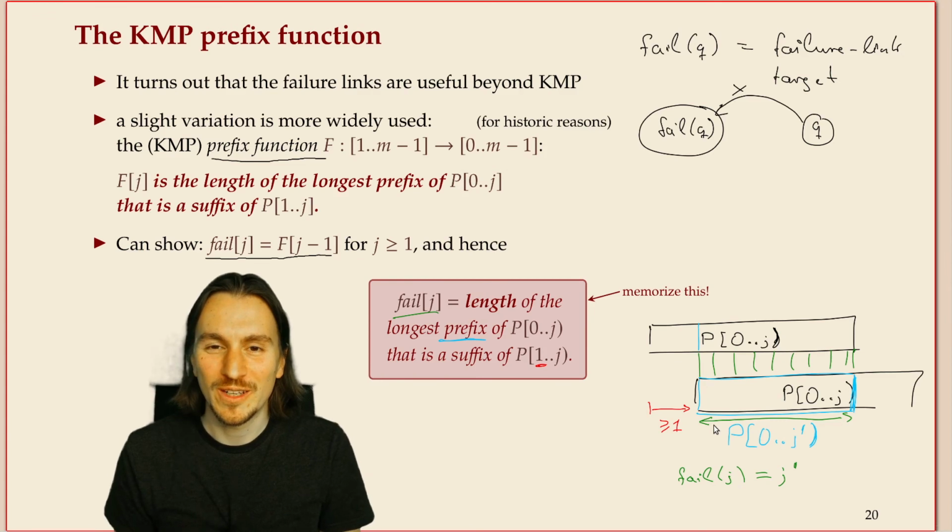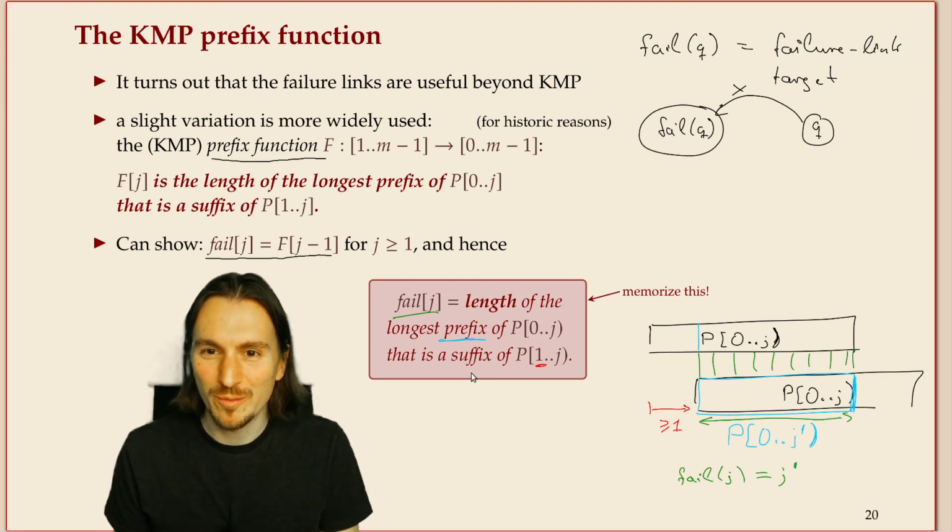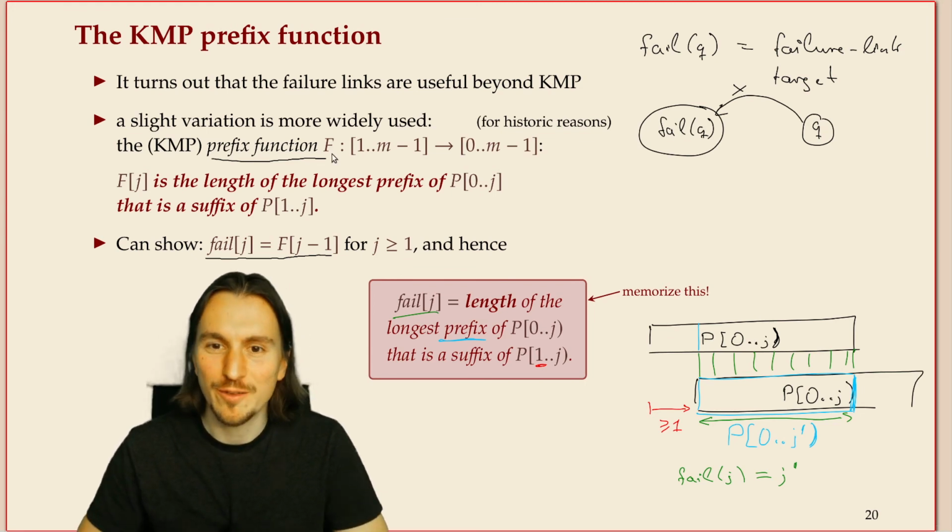We will have a closer look at KMP and the prefix function, or the failure link function, in the tutorials to practice that a little bit. I think memorizing this picture and this definition is helpful. If you ever see the f and the prefix function used in some book or paper, then be aware of this offset.